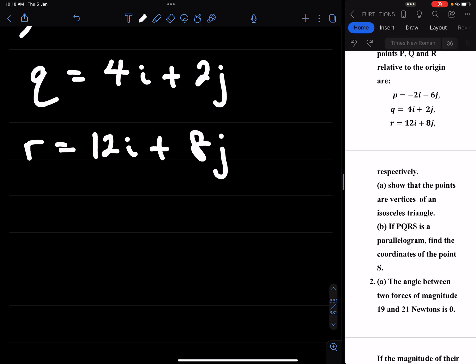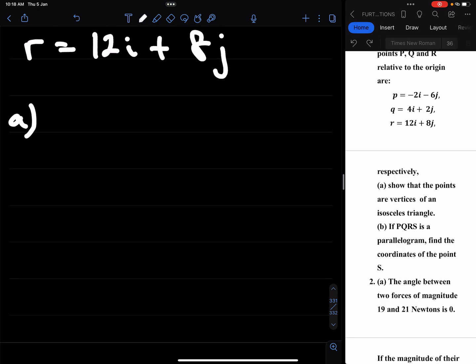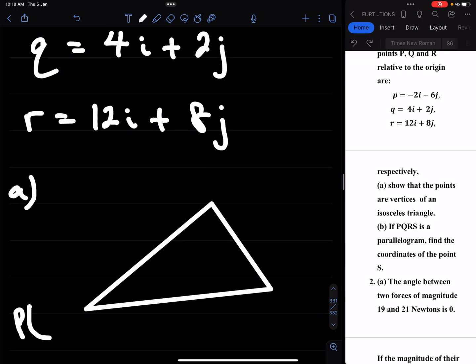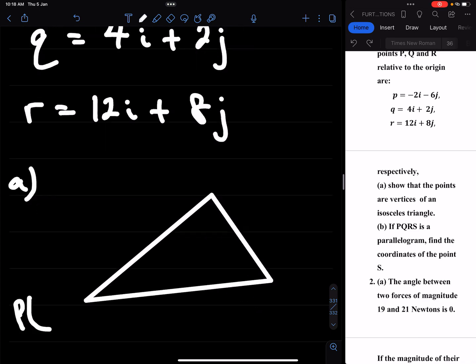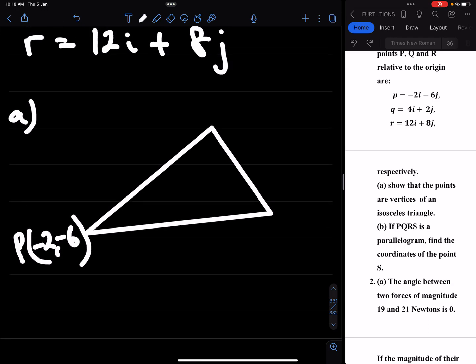Okay, let's take the first one, A. We want to show that the points are vertices of an isosceles triangle. Let me just sketch a triangle here. So let's call this P. The position vector of P is minus 2i minus 6j, so the coordinates of P are minus 2, minus 6.